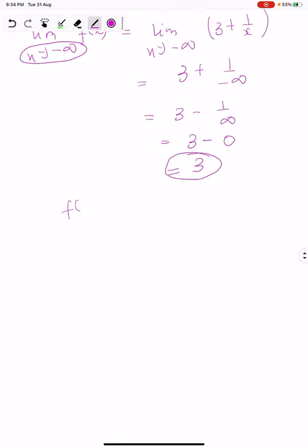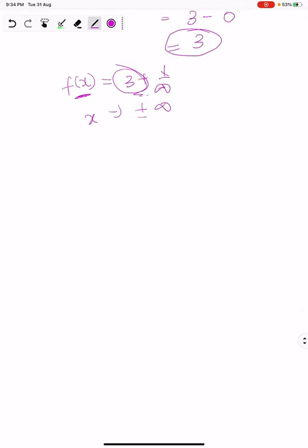So you notice that for the same function f of x equals 3 plus 1 over x, as x goes to both positive and negative infinity, the function goes to positive 3. So the function approaches the asymptote. We call this the asymptote, f of x equal to 3.